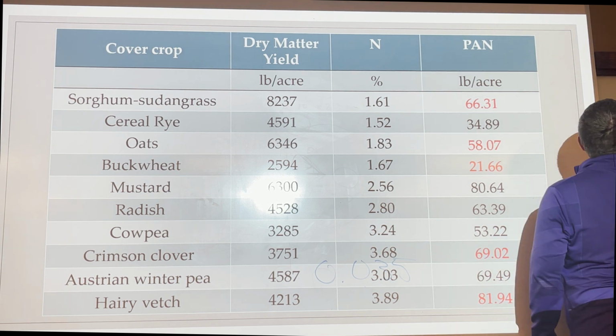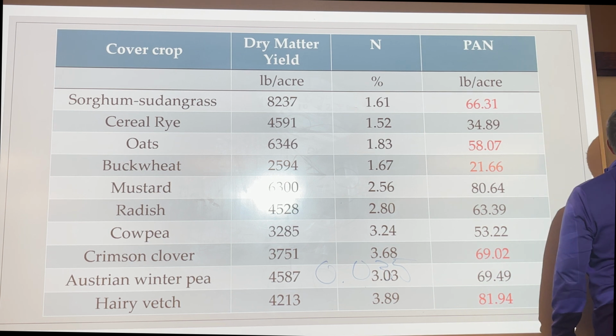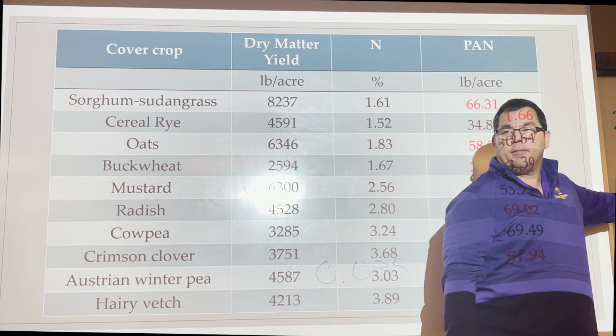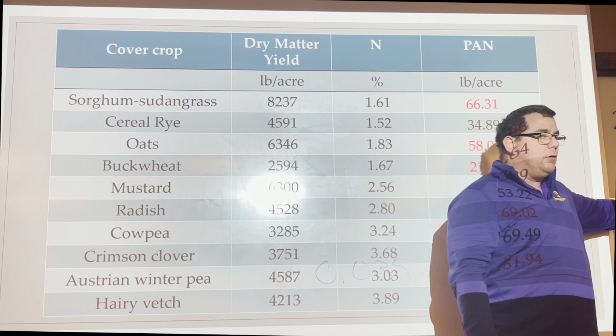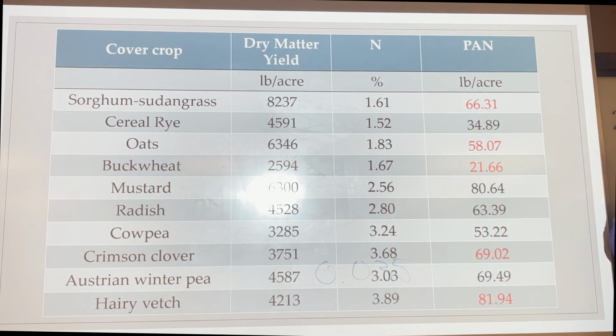All right, so if we need 200 pounds of N per acre using a 46-0-0, what's 200 divided by 0.46? 434.78. How about 435 pounds of fertilizer?